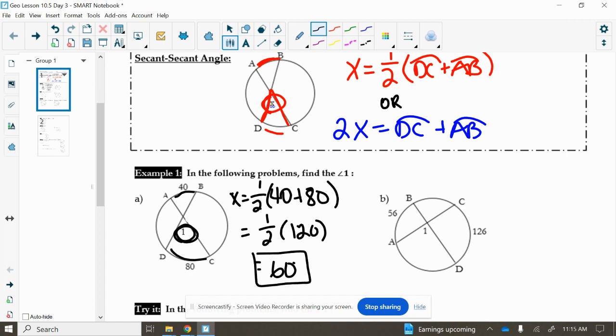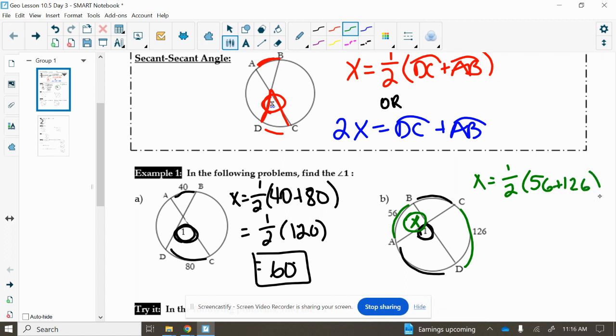In our second example, notice angle 1 is actually over here, opening up onto arcs AD and BC. So what we're actually going to do first is solve for this angle here next to it that's supplementary to it by taking 1/2 of arc plus arc. So in this case, 1/2 of 56 plus 126 is 182.